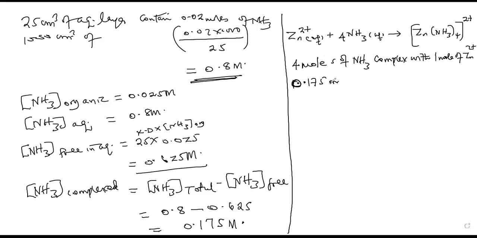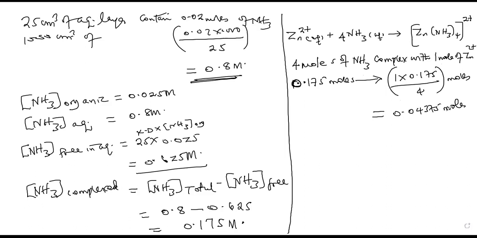0.175 moles will complex with the 1 times 0.17 out of 4. And this one will give you 0.04375 moles of zinc ion.